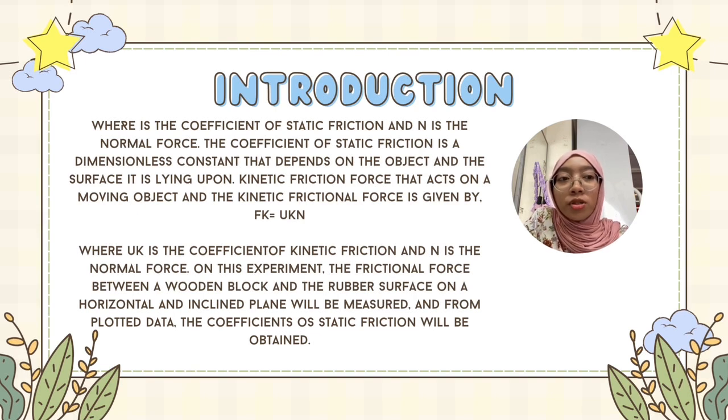Kinetic friction is the force that acts on a moving object. The kinetic friction force is given by Fk equals mu k N, where mu k is the coefficient of kinetic friction and N is the normal force. In this experiment, the frictional force between a wooden block and a rubber surface on the horizontal and inclined plane will be measured, and from the plotted data, the coefficient of static friction will be obtained.